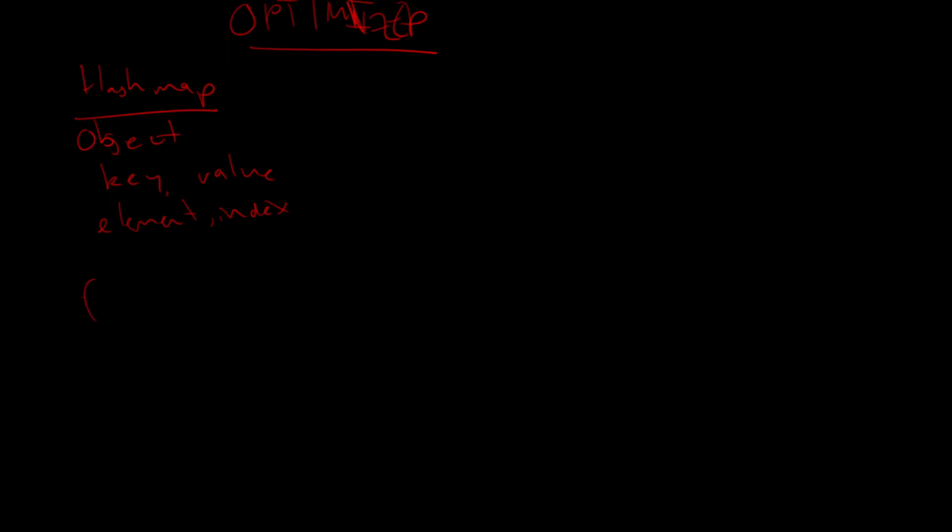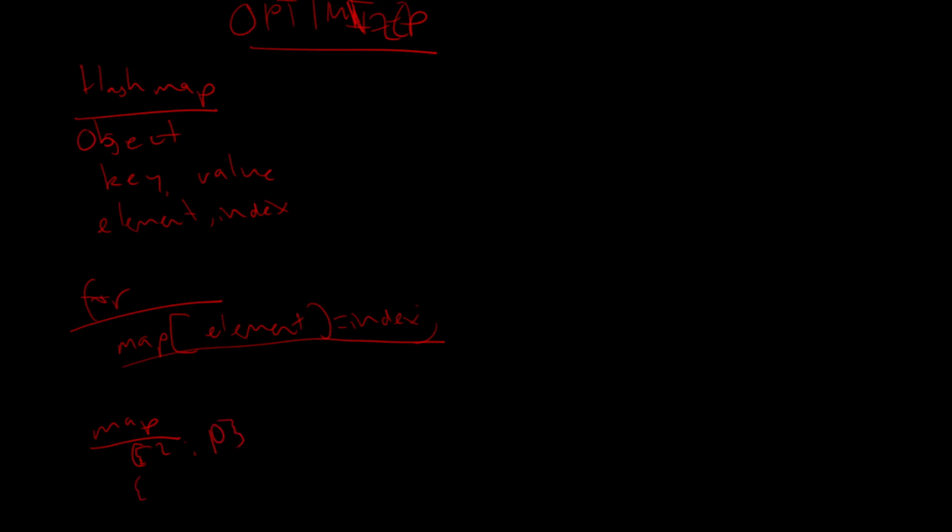So we'll do a for loop, and then for each element, we're going to have this map at that element equal to index. And that's it. That's all we'll do. So we'll create this hash map, and after doing this whole for loop, we have these key value pairs. 2 is going to be at index 0, 7 is going to be at index 1, etc. So I'll write that a little bit cleaner here.